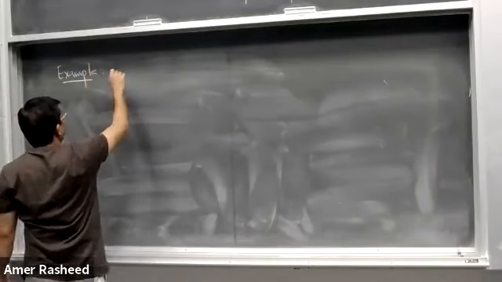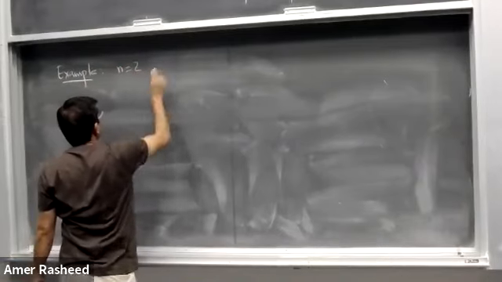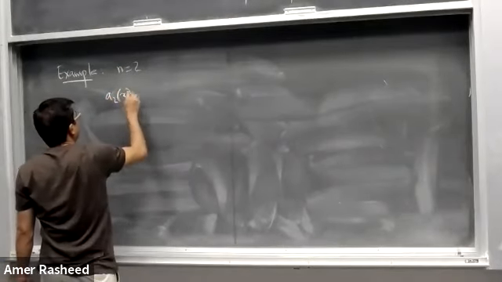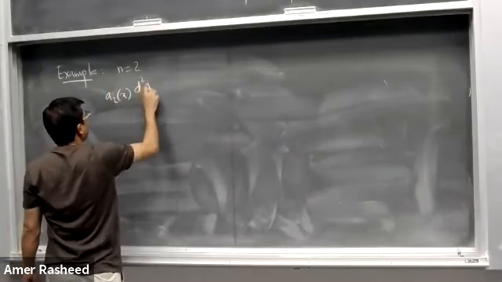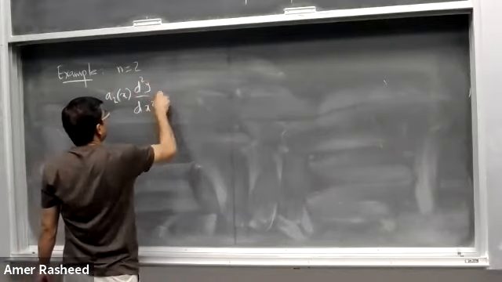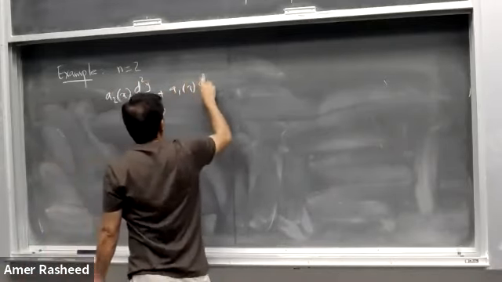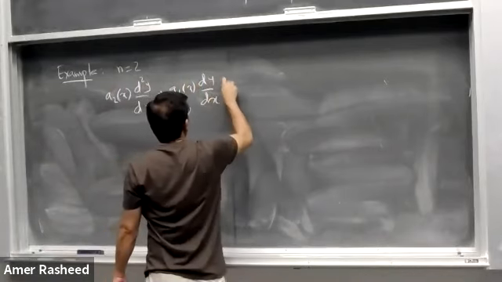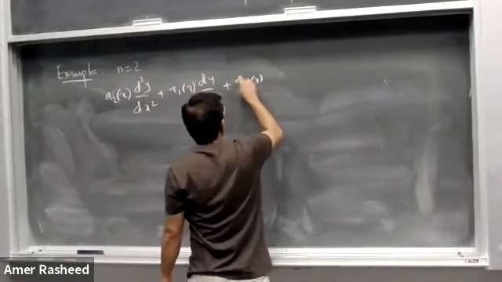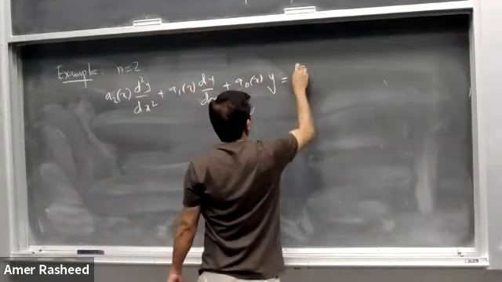Let me write it for n equal to 2. We get the second order linear ODE: a2 of x d square y by dx square plus a1 of x dy by dx plus a naught of x y is equal to f of x.